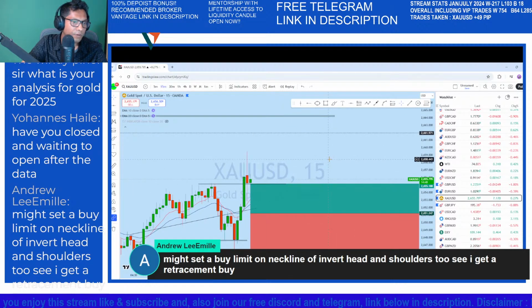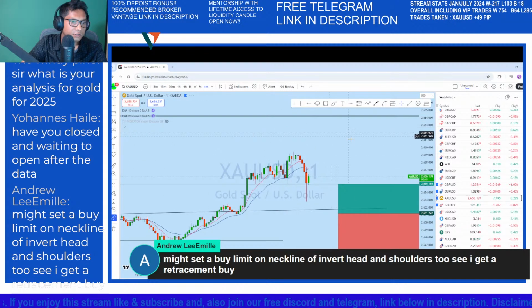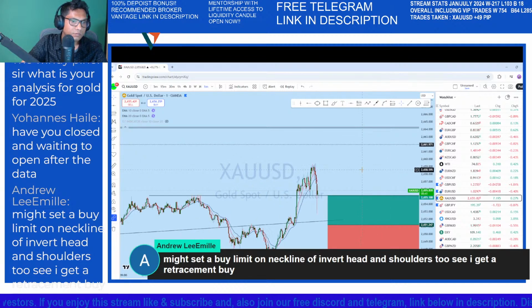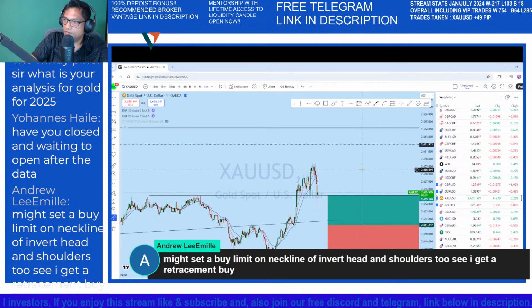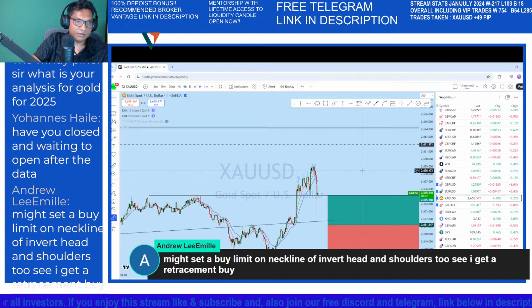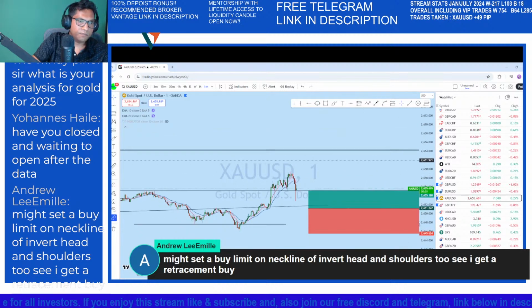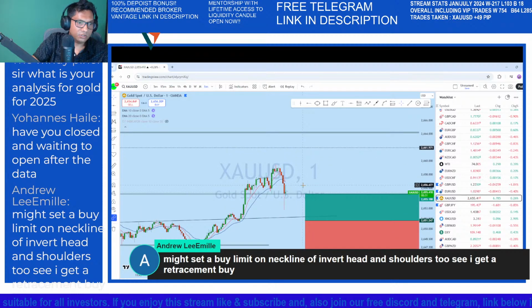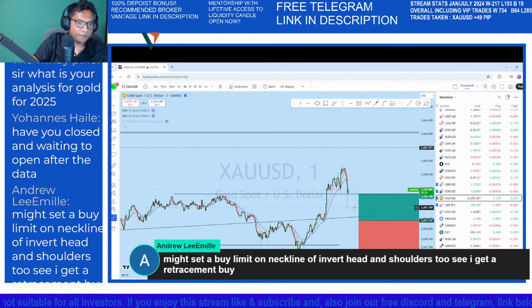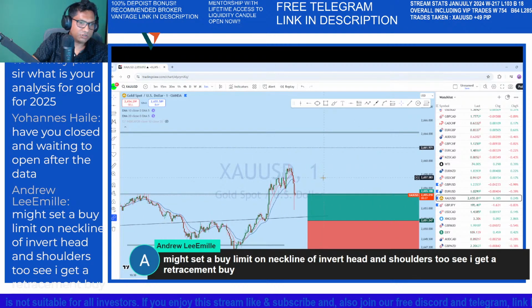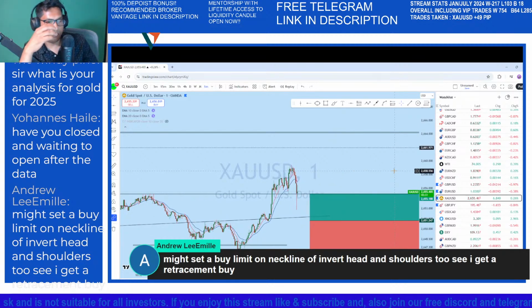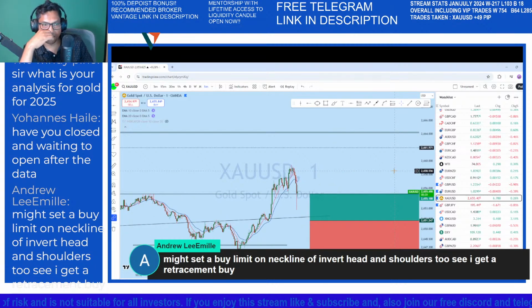From the gap open, I think it's a liquidity grab, potentially. So let's see how this 1 minute closes. If it is a liquidity grab, we should see trend continuation again. I think the bulls are still active.